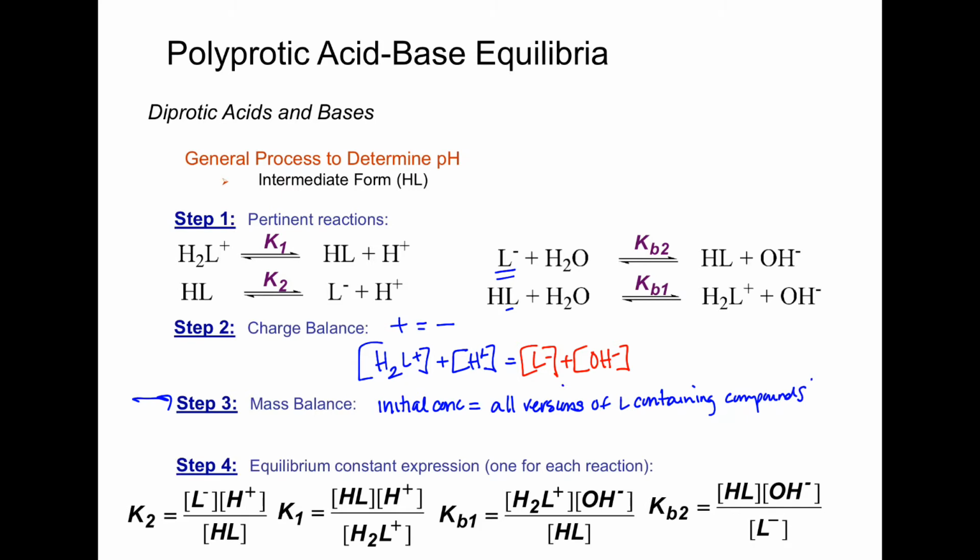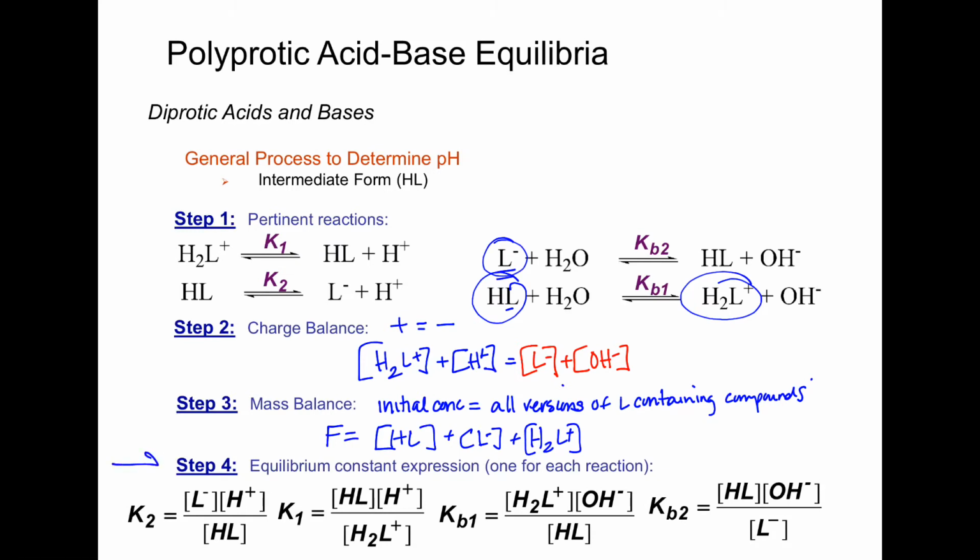And so when we do that, it's going to be the initial concentration. A lot of times we write that just as an F, like the formal concentration. And all the versions of the L-containing compounds are L, HL, and H2L. So I'm just going to write them like that.